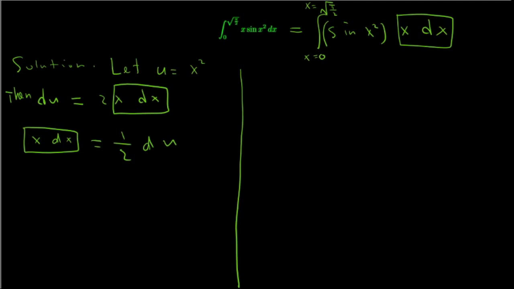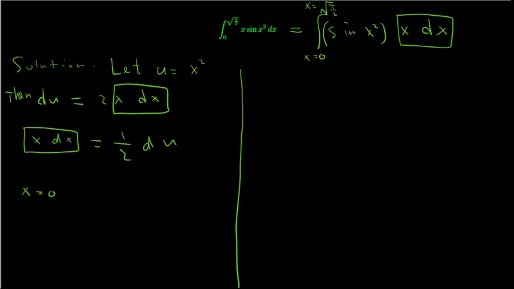Now we need to convert these numbers to u values so that the new integral is entirely in terms of u, including the lower limit and upper limit. So we need to get the u value for the x value of 0, which comes from the lower limit. When the x value is 0, what's the u value?